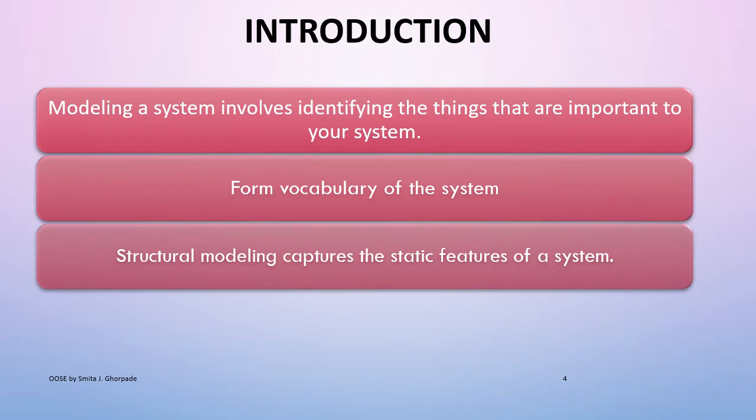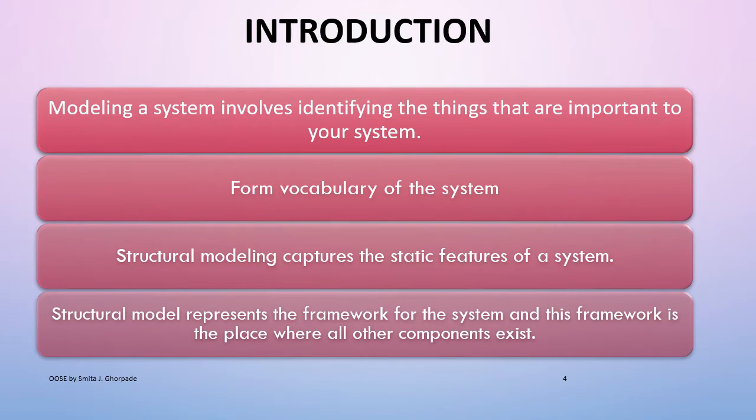Structural modeling captures the static features of a software system. Structural modeling represents a certain framework for a system, and this framework is nothing but a collection of different diagrams: the class diagram, component diagram and deployment diagram.